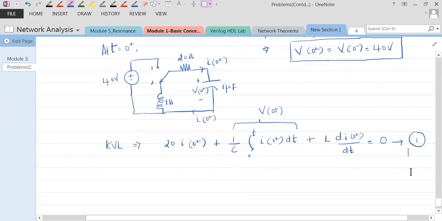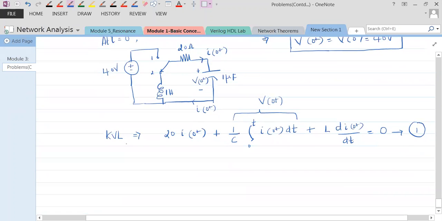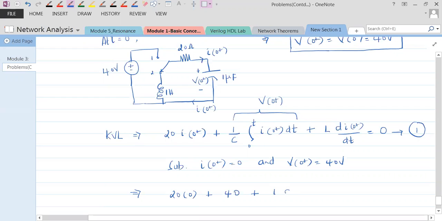Fine. What happens further now? Substituting I of 0 plus equal to 0 and V of 0 plus equal to 40 volts implies it's 20 into 0 plus, the second term is V of 0 plus, so that's 40, plus L into di of 0 plus divided by dt.